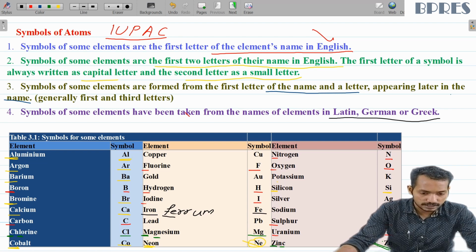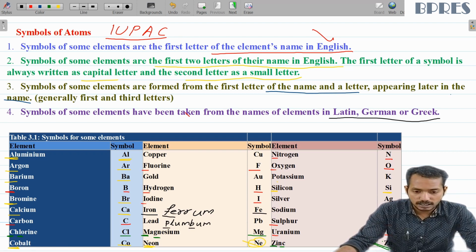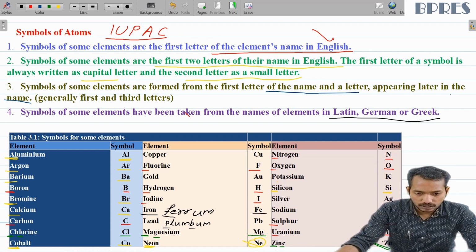Similarly, in case of lead, the Latin word is plumbum. From this word itself, they took Pb as the symbol for lead. Similarly, any other metal, gold: gold is actually aurum.